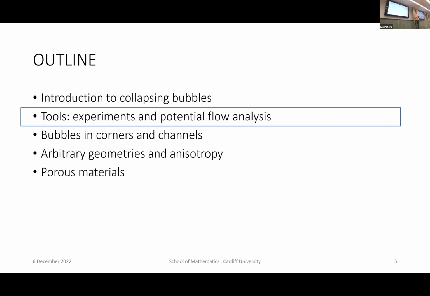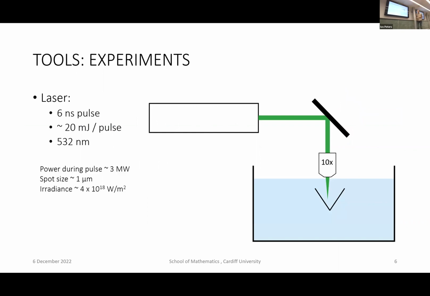The tools that we use, so how we do experiments and the basic modeling that we do. So I mentioned we make bubbles by vaporizing a small amount of liquid, and we do that with short laser pulses. These are PIV lasers, which are quite standard in the labs that I'm around.